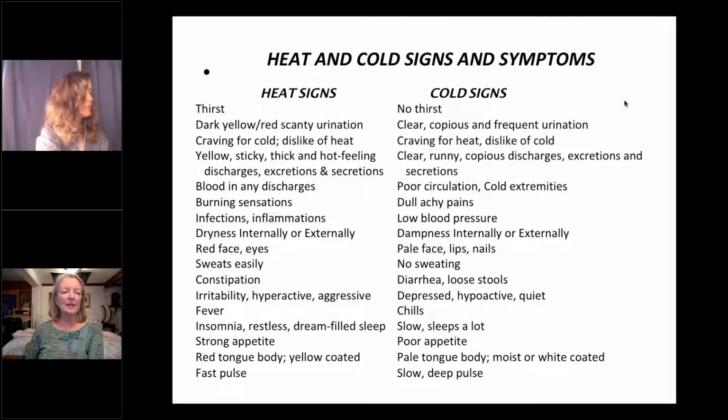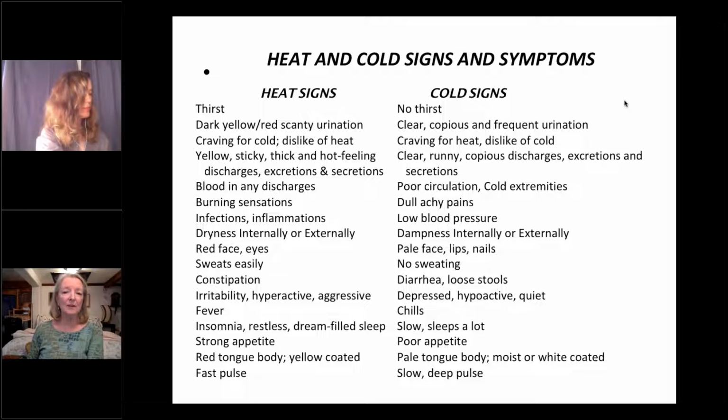So any excretions, discharges tend to be copious and runny and clear to white in color. Circulation tends to be poor because coldness slows things down. Just like think about water turning into ice. It slows things down and can even impede circulation at that point.